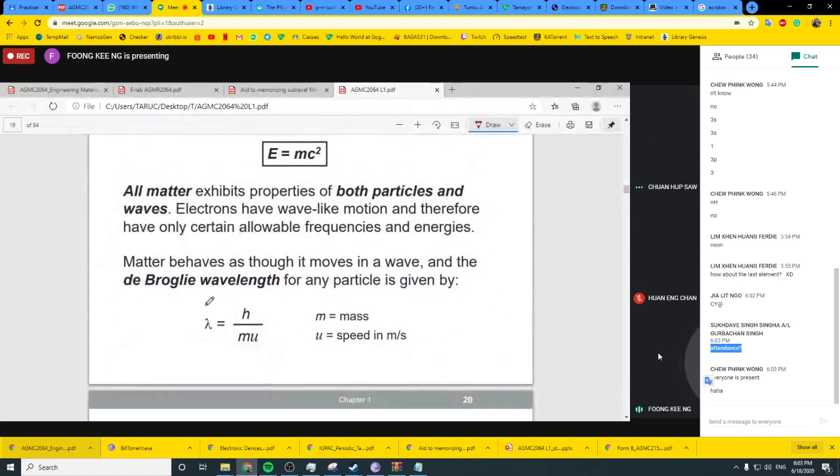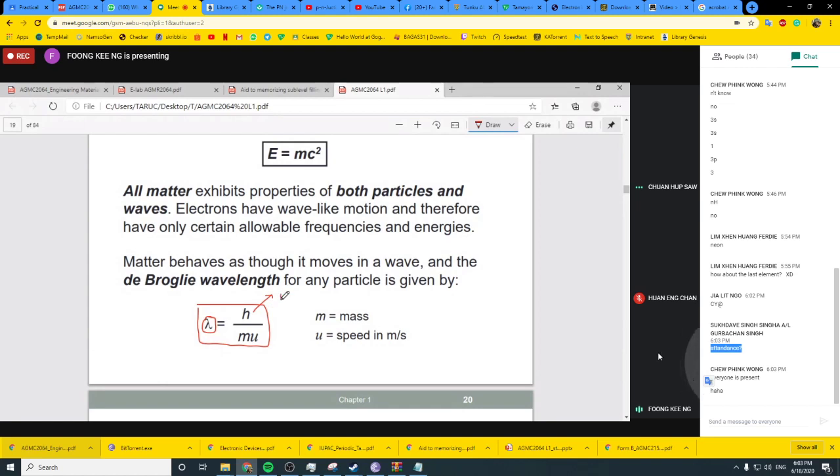Okay. Now the de Broglie wavelength. It simply tells you, I'm sorry I overshot the time, that an electron behaves like a particle and at the same time it is a wave. So when you have a wave, lambda comes in. Lambda is wavelength. H is Planck's constant. Planck's constant comes from the concept that if I have a certain wavelength, it can also give me a certain frequency.